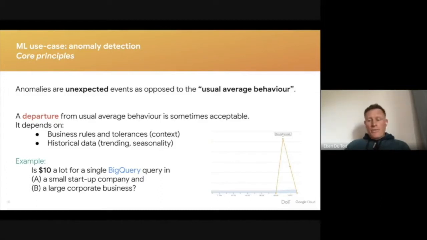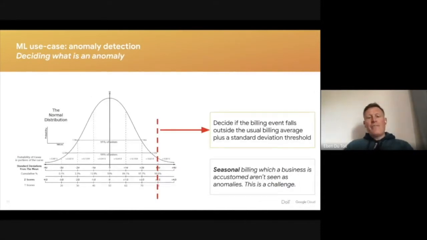So going on from there, now our minds are framed in what is really the context of a departure from average behavior. You have to make some decision with the historical data. How do you really do that? There's a couple of ways to do that. So what we are looking at on the screen here is the typical normal distribution of data.